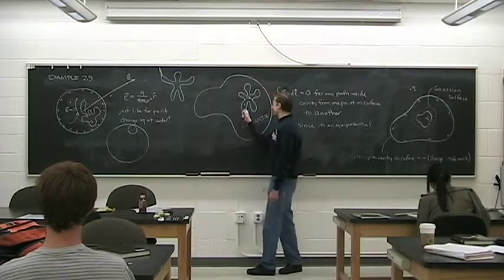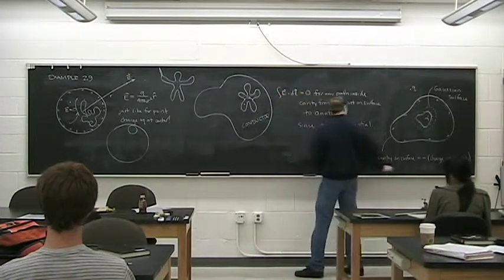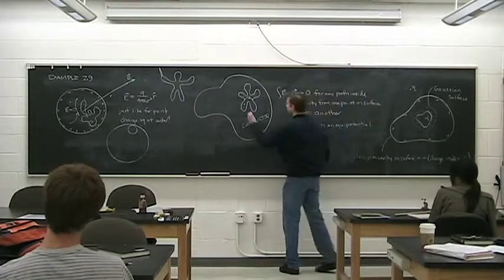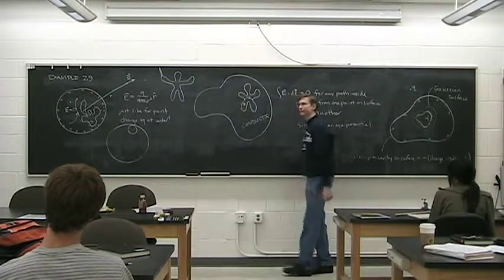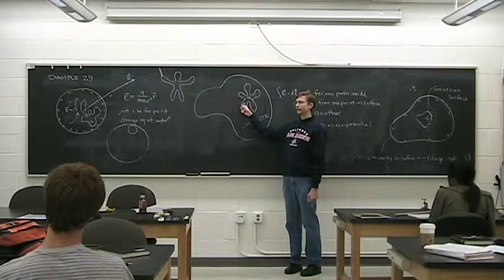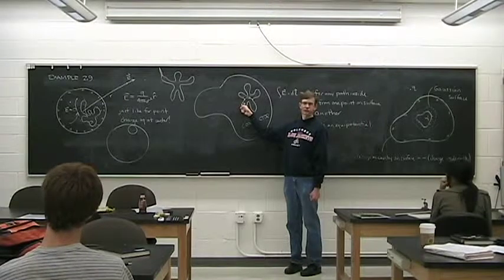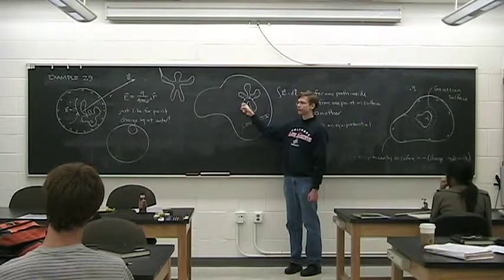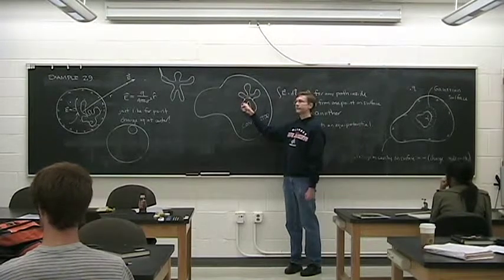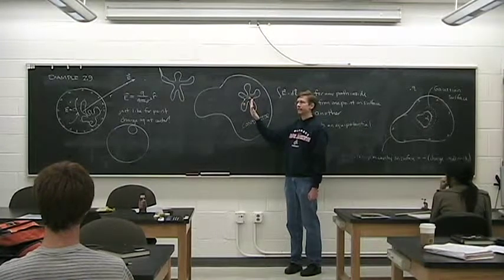If there's a charge in there, that obviously doesn't work, because if the electric field were zero everywhere inside the cavity, here's a Gaussian surface that encloses the charge, so there must be a flux through that surface. If the electric field was zero everywhere, there wouldn't be any flux. Gauss's law is violated, so that's not a solution. If there's a charge inside the cavity, then there is an electric field inside the cavity.